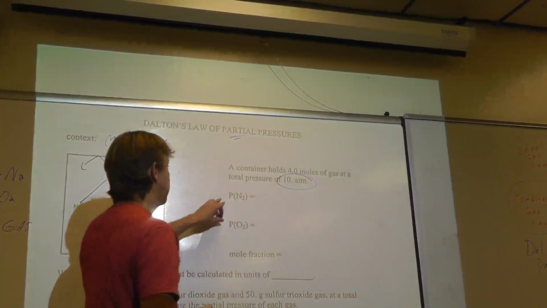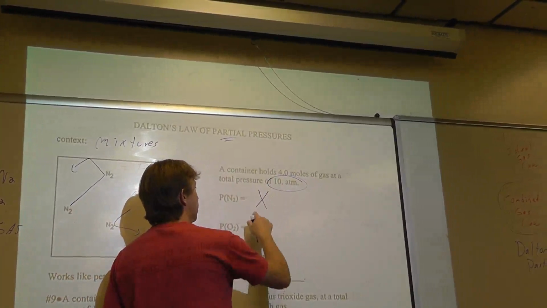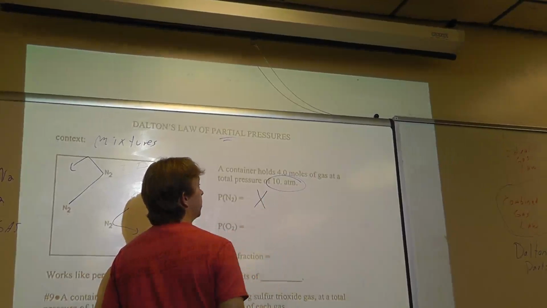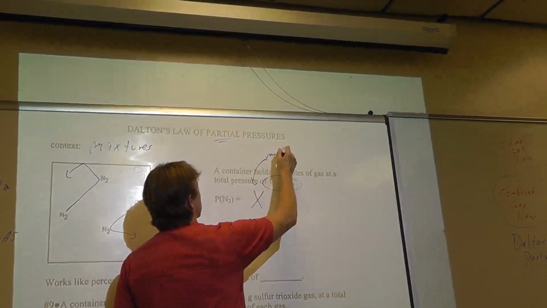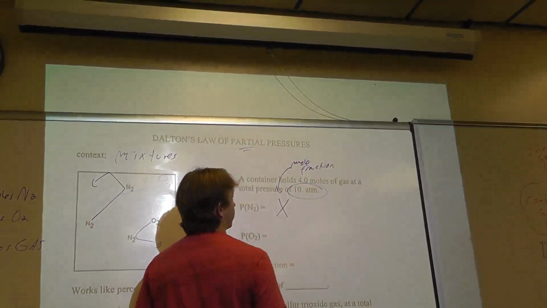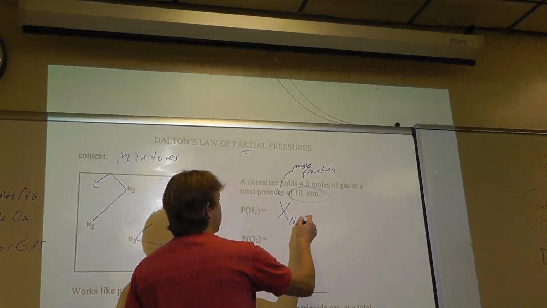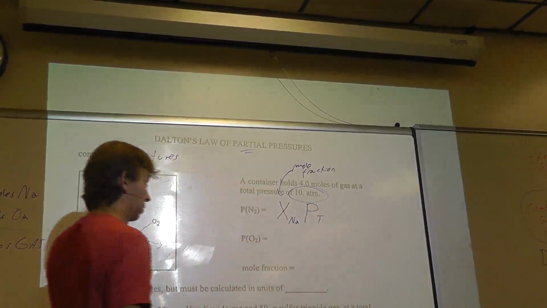The partial pressure of nitrogen in this mixture is defined as capital X here. This is a new unit for you. That's called mole fraction. It's equal to the mole fraction of nitrogen times the total pressure.